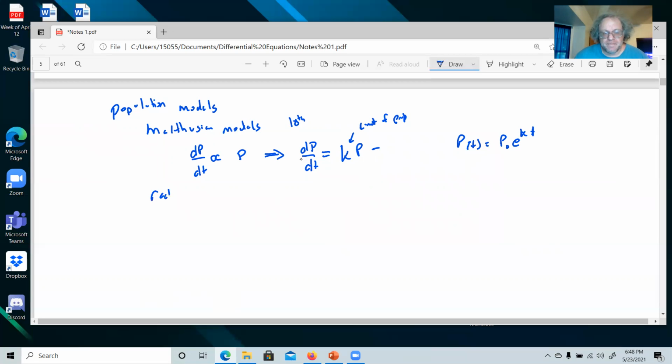This also works for radioactive decay. If you've got a lot of radioactive material, there's going to be a lot of radiation put out. So I think the algebra book uses a Q, okay, and that's proportional to the amount of stuff that you have. Or, right, you could say that the change in the amount of stuff that's radioactive is proportional to the amount of stuff that you have.